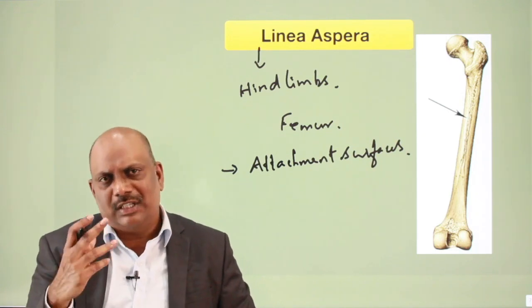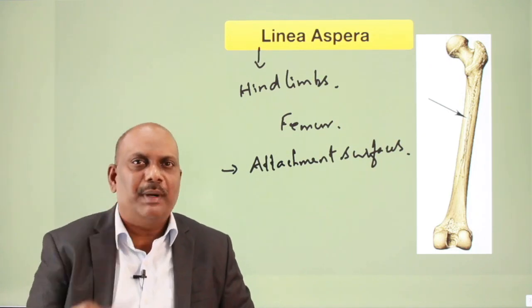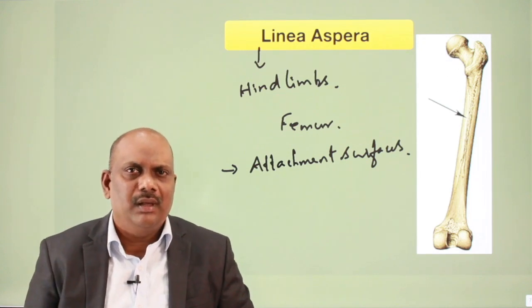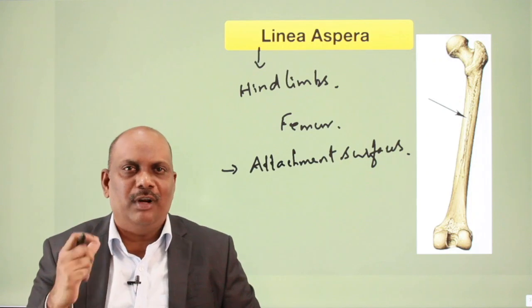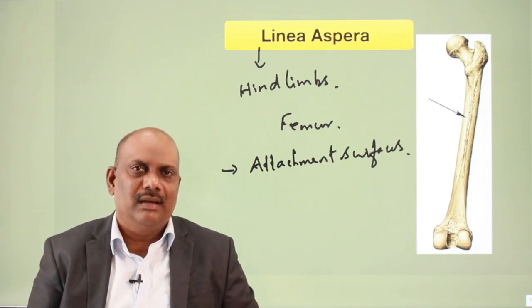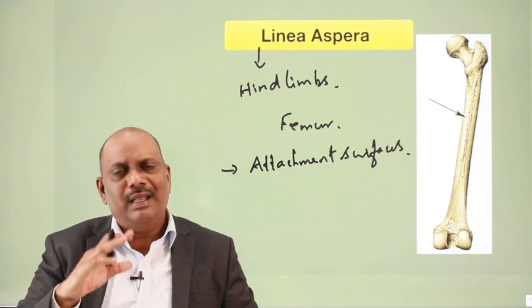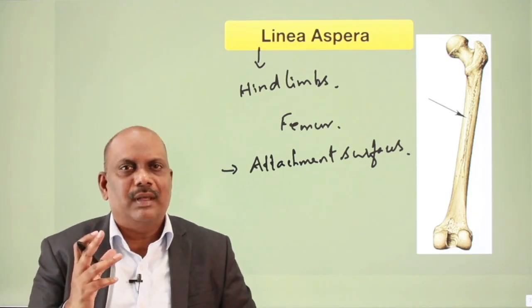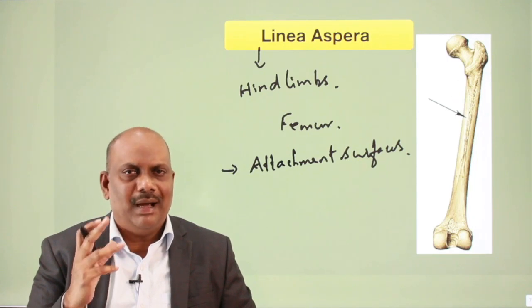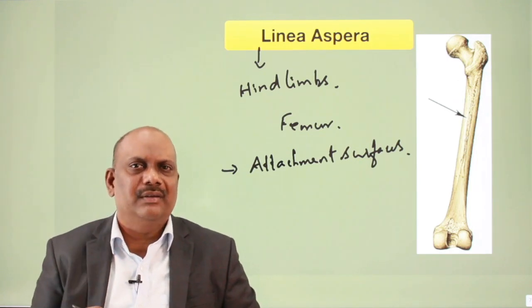When the human ancestors had quadrupedal locomotion, the entire body weight was balanced by both forelimbs and hind limbs. And when they got erect posture, now just two limbs are going to balance the entire body weight.